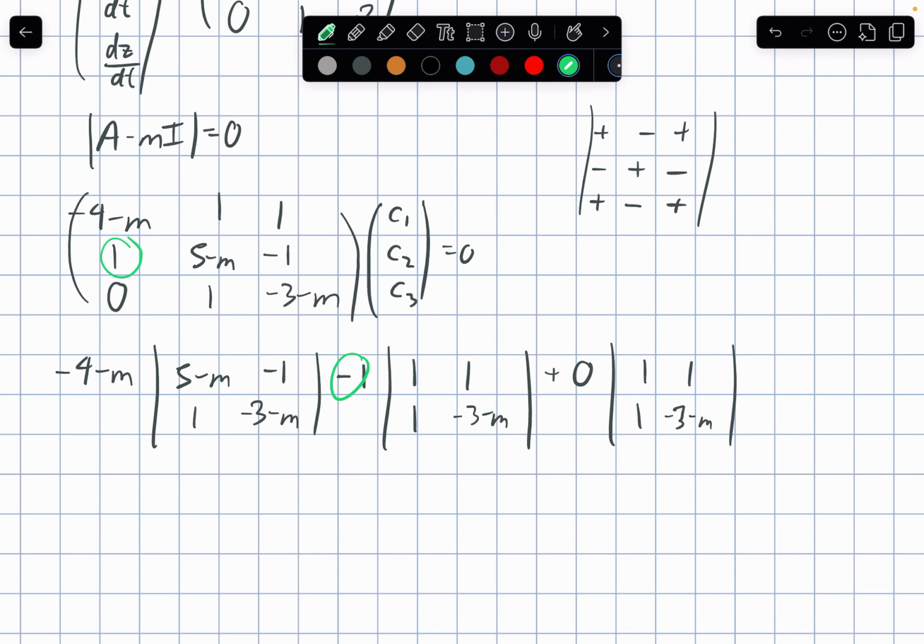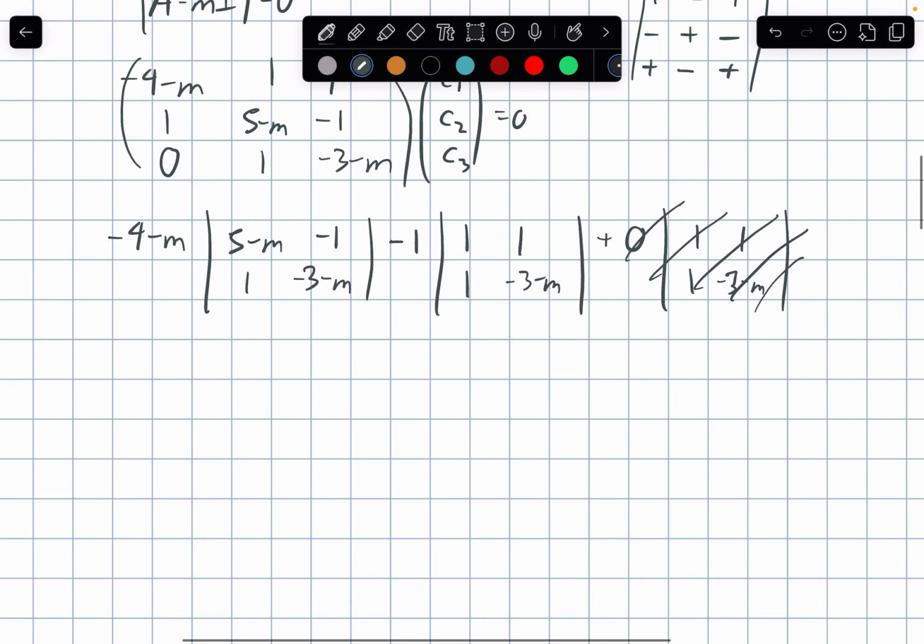In 1, we put a minus. In 0, that's still a plus. Shortcut: for as long as you see a 0 here, this entire thing is 0 already. So it's as if you didn't have to write it anymore.